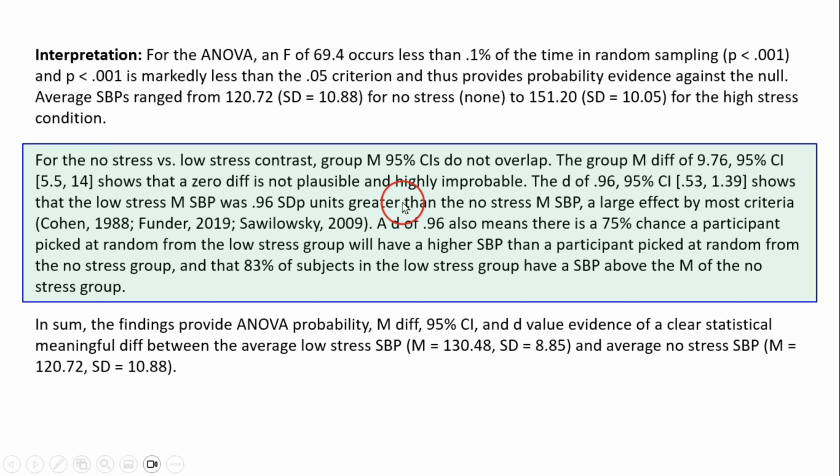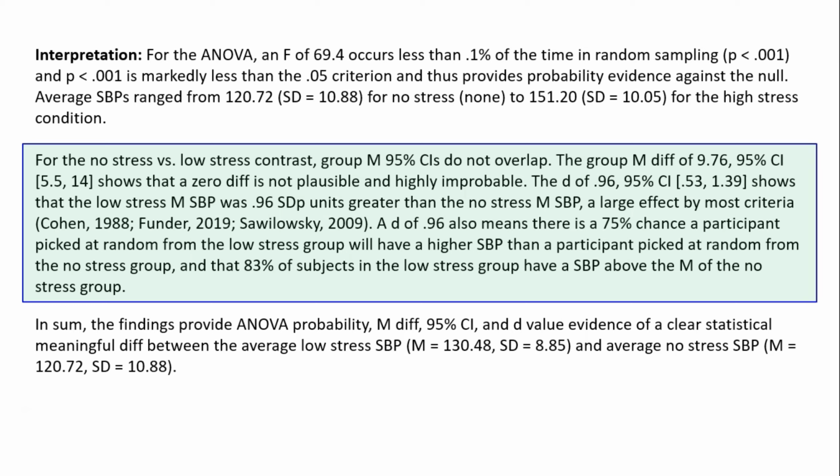Because if you go back to this sentence here, the d of 0.96, 95% confidence interval 0.53, 1.39, shows that the low stress mean systolic blood pressure was 0.96 standard deviation units greater than the no stress mean systolic blood pressure. That part right there, most people have trouble understanding what that entails.